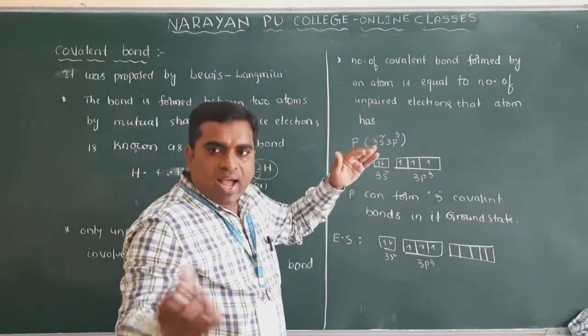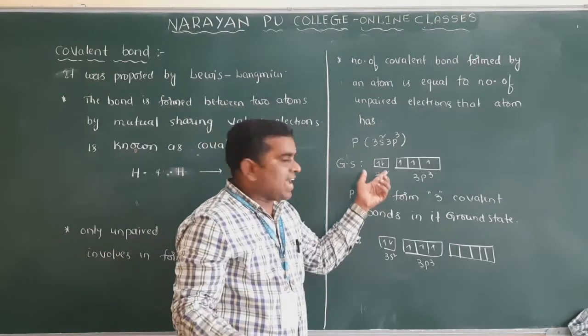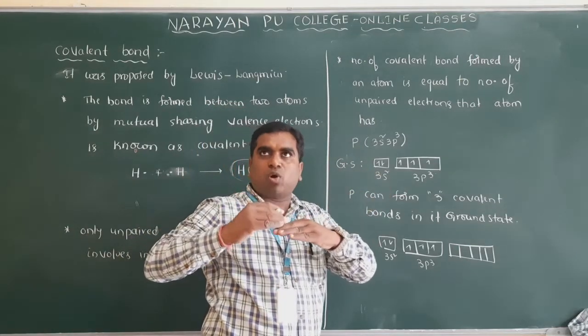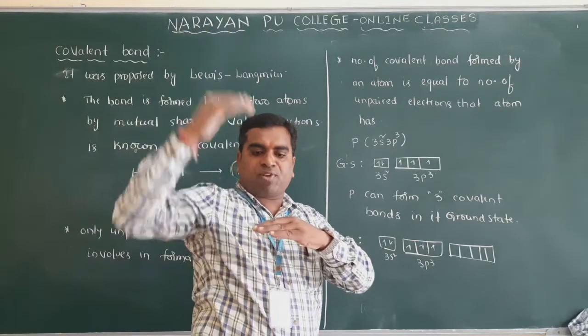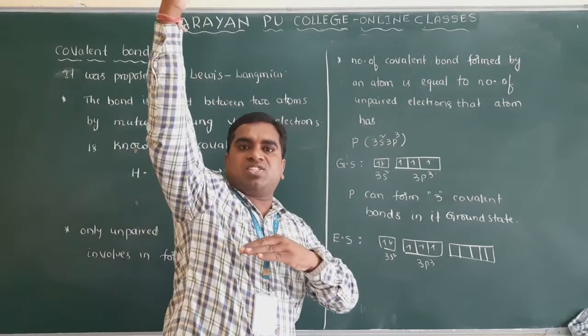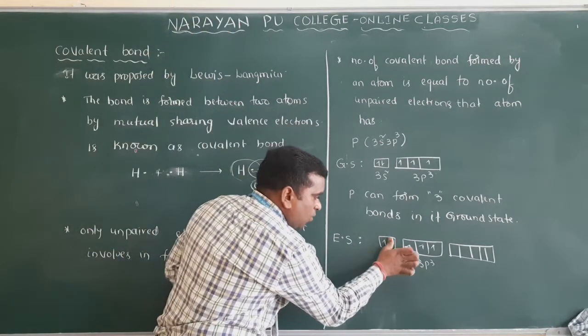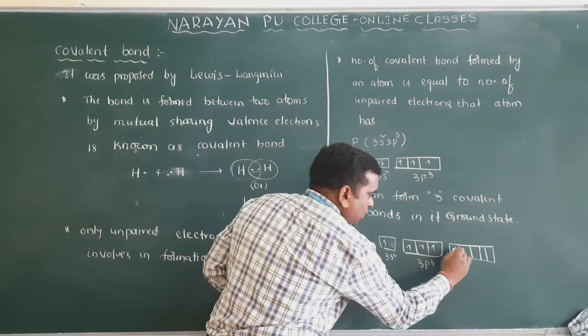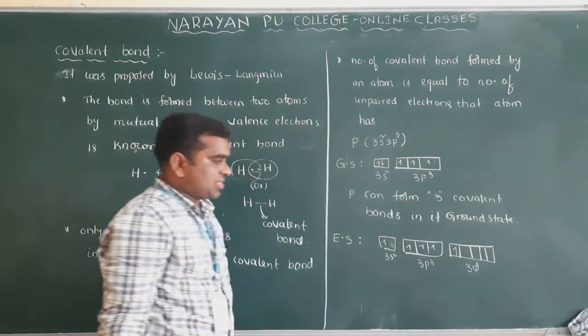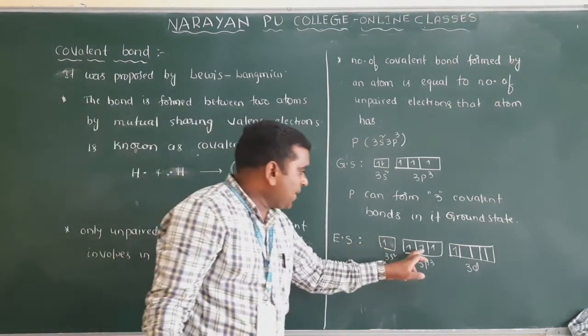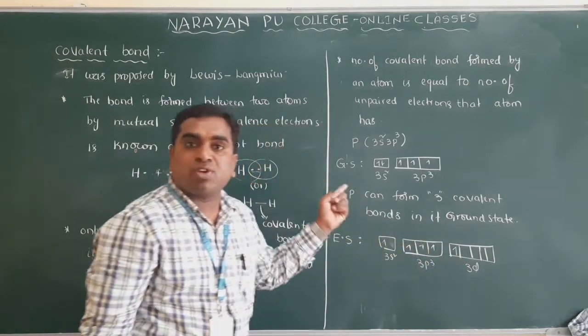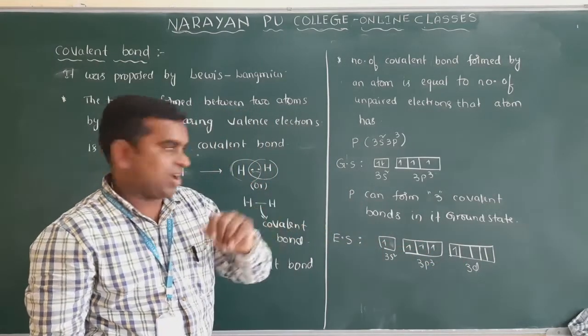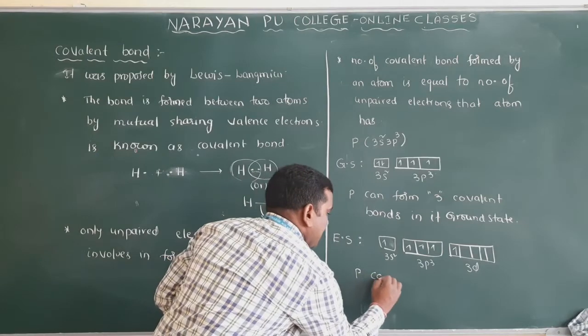That energy is taken by the electrons and they jump from the ground state to a higher energy state. One of these electrons will jump into the 3d orbital. How many unpaired electrons are there here? 5. So phosphorus can form 5 bonds.